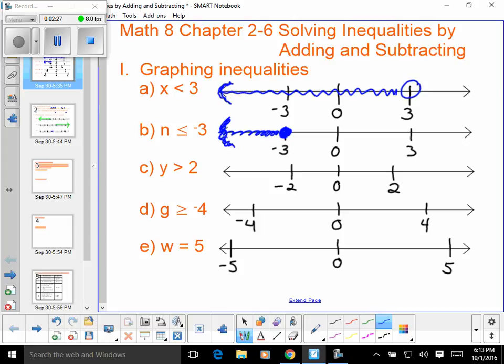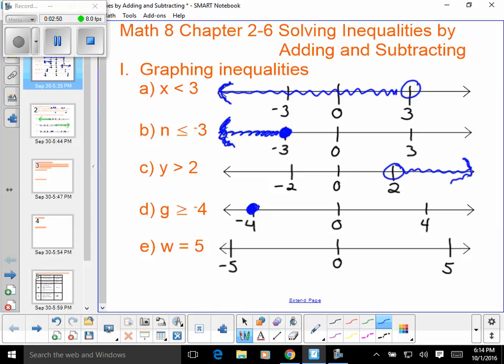At this point, please hit pause, and you try C, D, and E. Let's see how you did. In C, I'm going to have an open circle, and I will shade everything to my right because it's greater than. In D, I will have a closed circle at negative 4 because there's an equal sign.